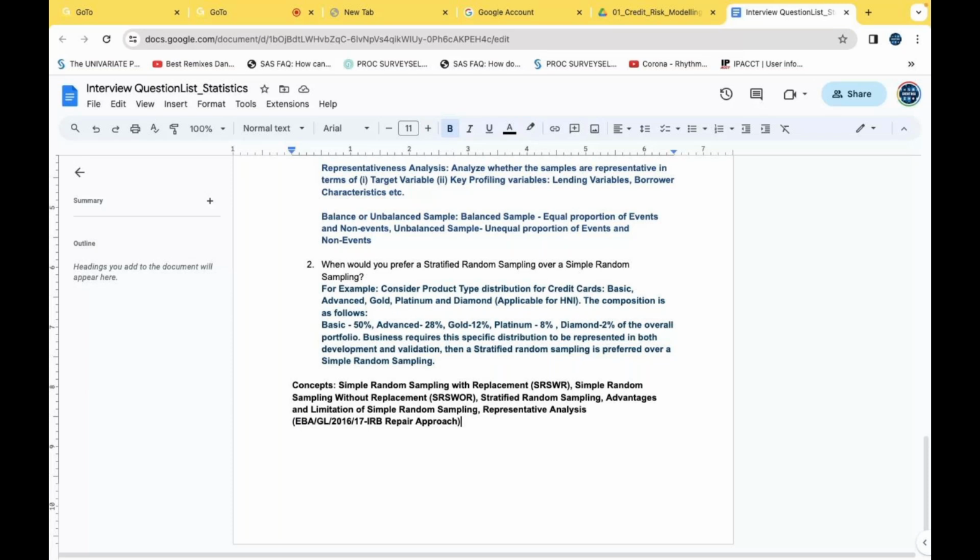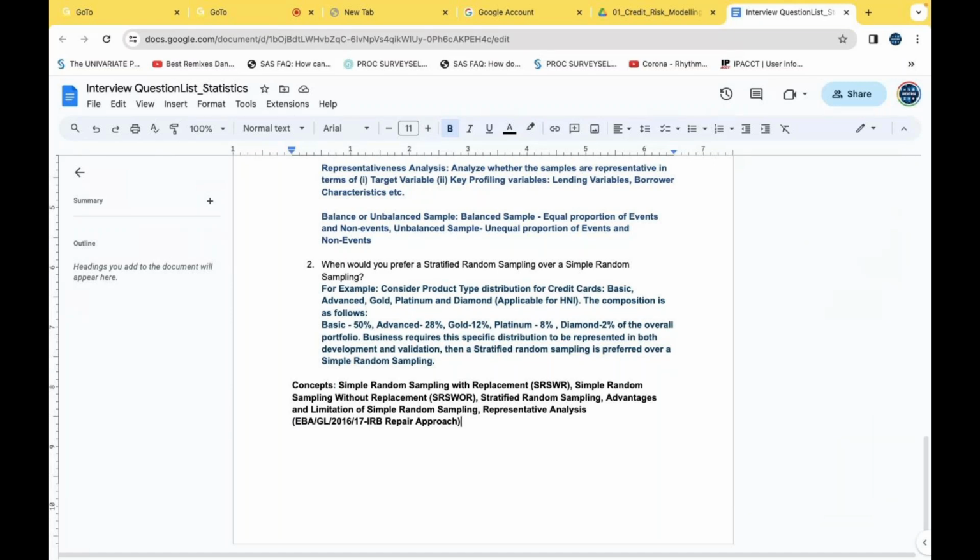But this guideline for the IRB repair approach from the PD section provides a more comprehensive framework for doing the representative analysis. That is the reason why I'm referring to this EBA GL 2016-17 IRB repair approach. If you go to the representative analysis section in the document, it lays down different guidelines for the representativeness of PD models, and LGD and EAD models separately.